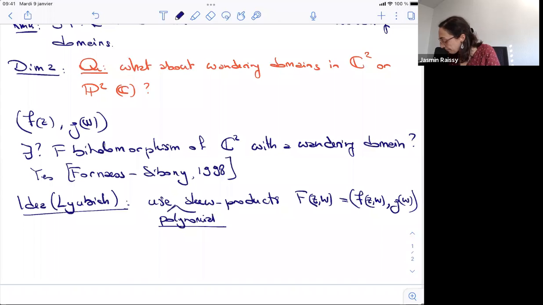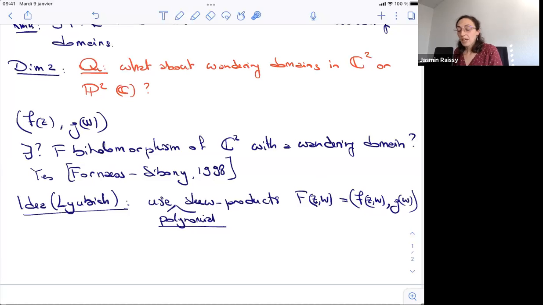So f and g are 2 polynomial maps. So g is 1-dimensional, so I know exactly what the components are for g. And well, I will use the structure of this skew product in order to see whether or not there is a wandering domain.